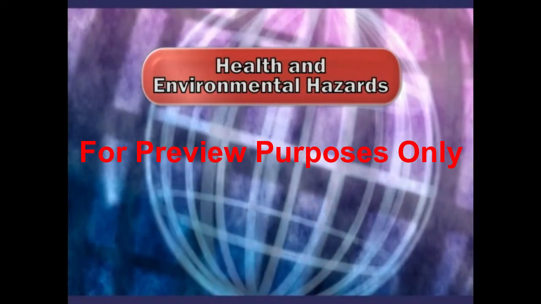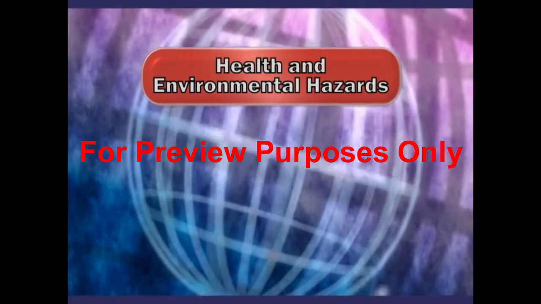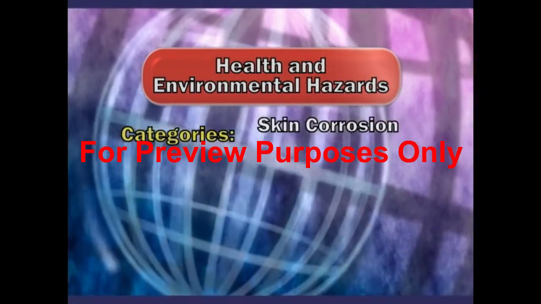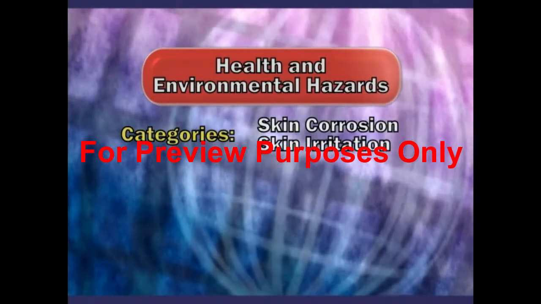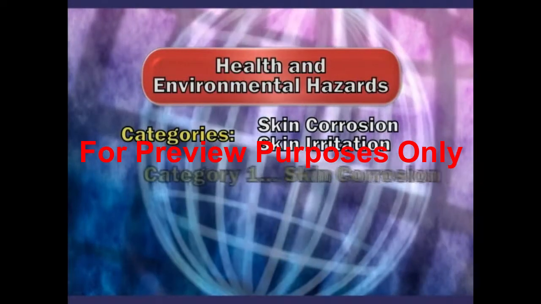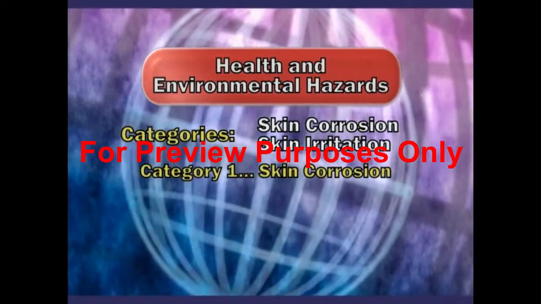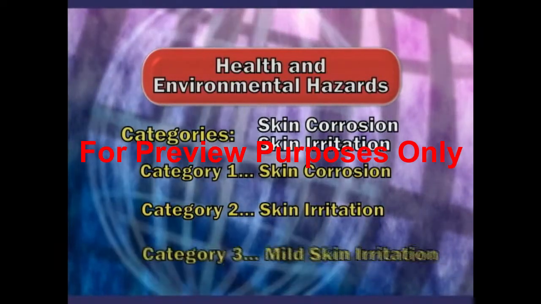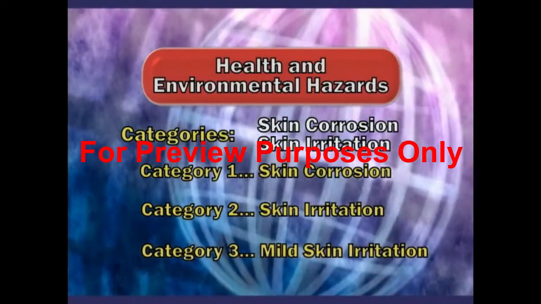As with physical hazards, these classifications are also further divided into categories. For instance, the skin corrosion irritation classification has three categories based on the hazard severity. Category 1, skin corrosion. Category 2, skin irritation. And Category 3, mild skin irritation.